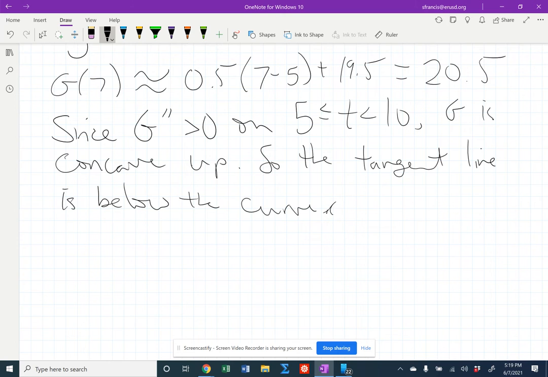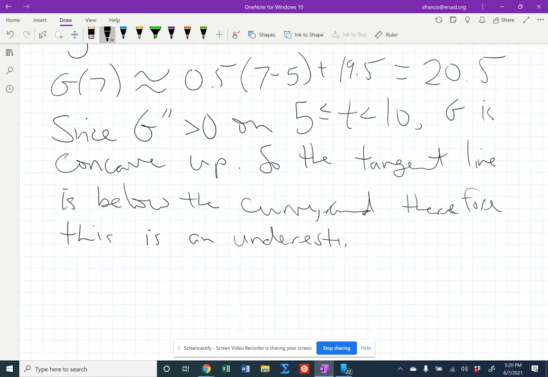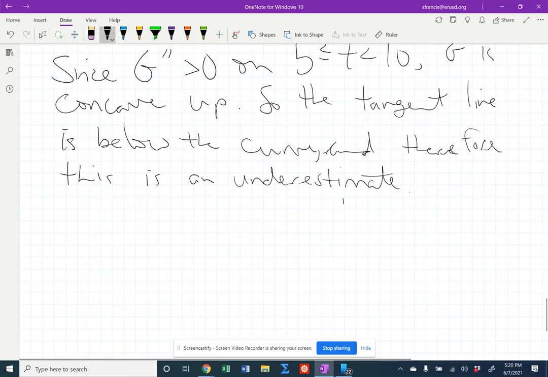And therefore, this is an underestimate. Because remember, when the curve is concave upward, the tangent line is below the curve. And so if I'm approximating some point down over here from the tangent line, the actual value is up here because the tangent line is below the curve. Flip it over, make it concave down, the tangent line's above. It's an overestimate.